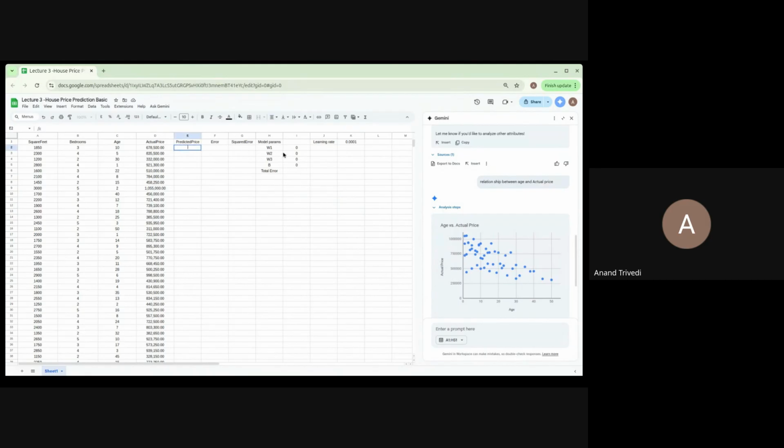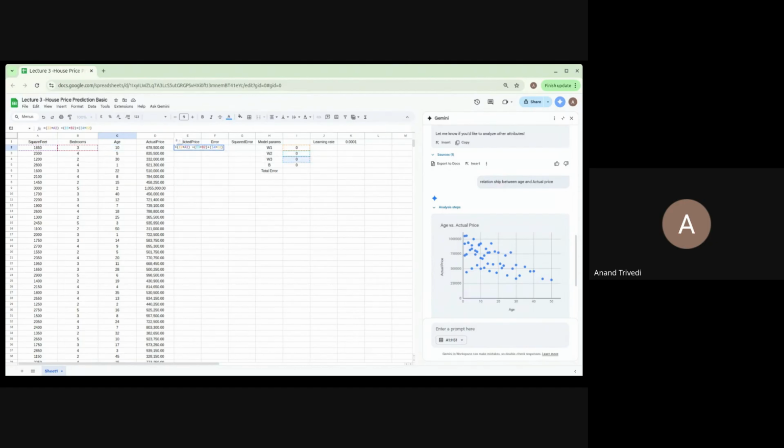Predicted price is I2 into W1 into A2, plus I3 into B2, plus I4 into C2, right?